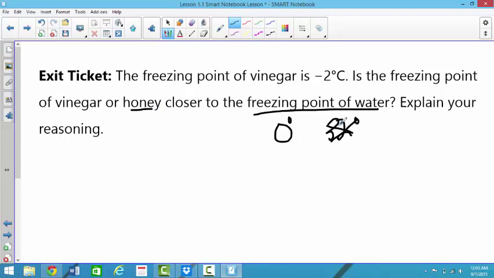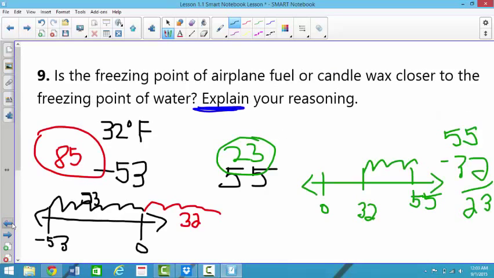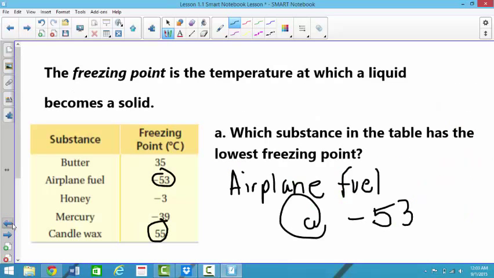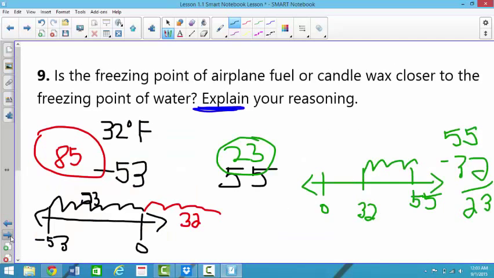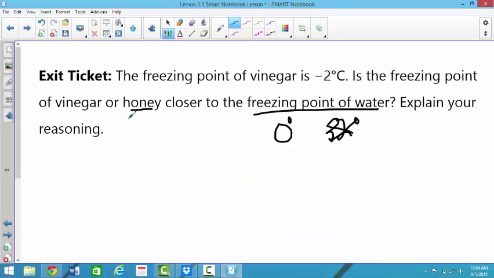Honey is, we gotta go back. Honey is a -3. Okay, so we'll do Fahrenheit in black. How about that? 0, 32, -3.